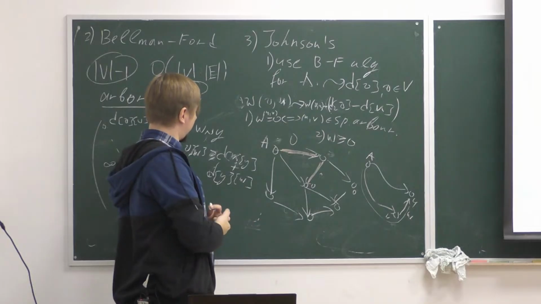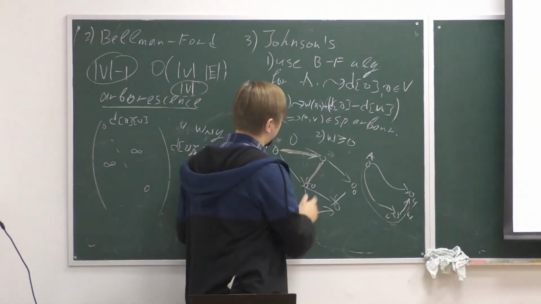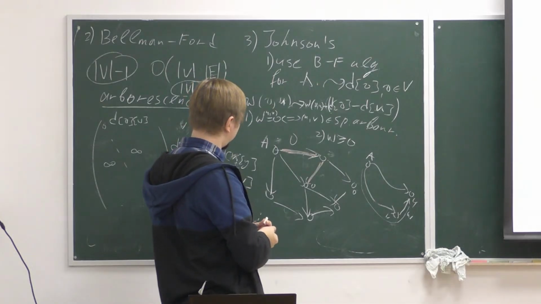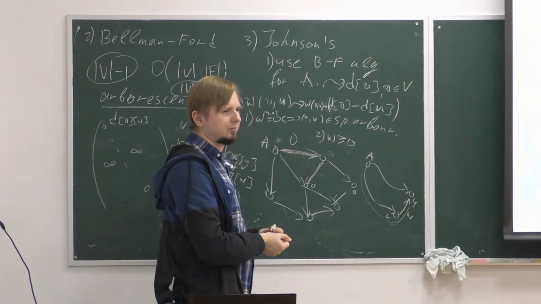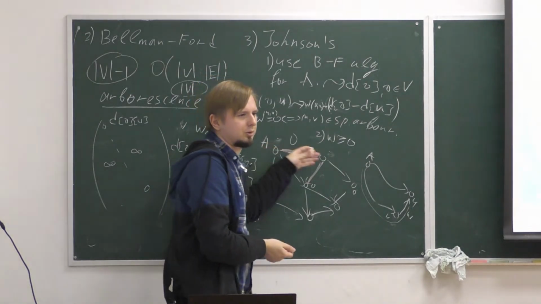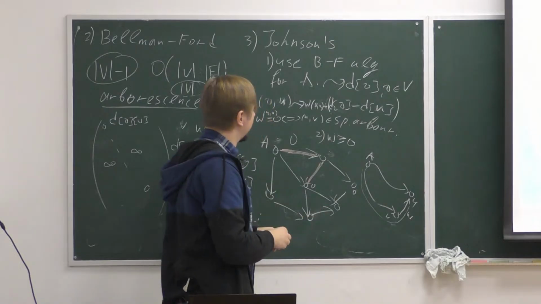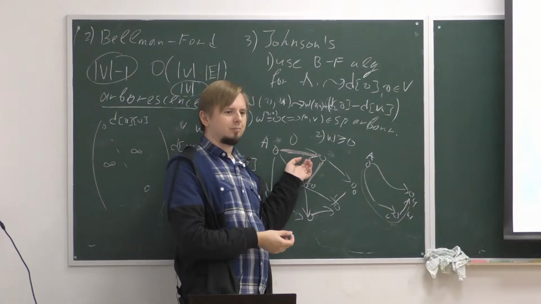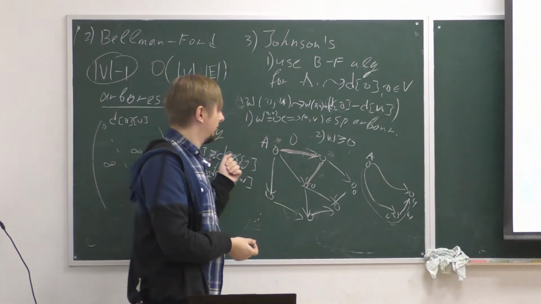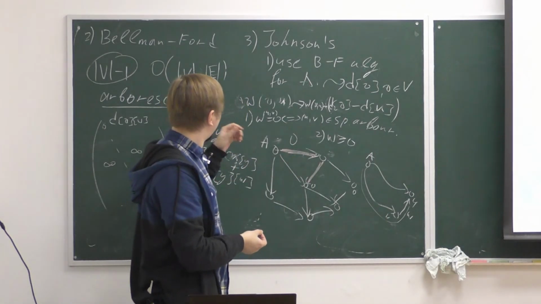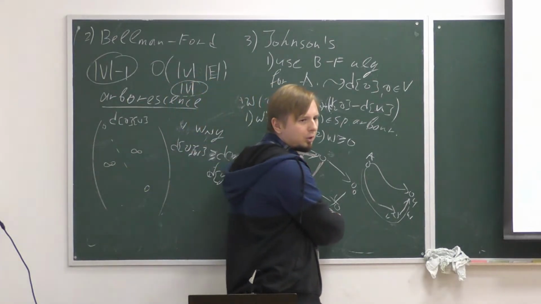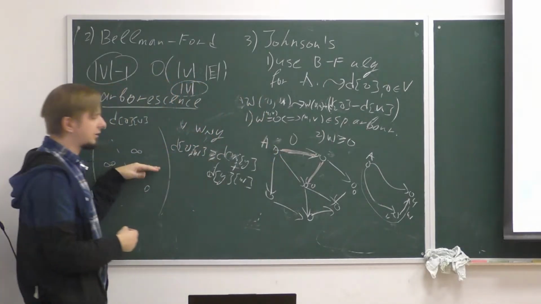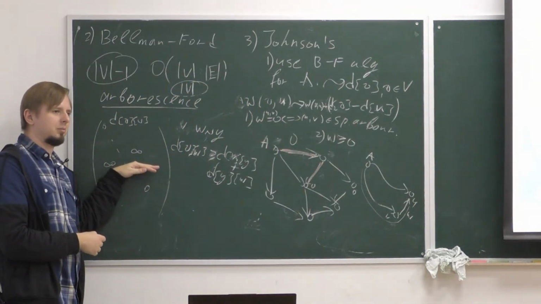I said that Dijkstra algorithm works with positive weights, but it also works with non-negative weights. With 0 weights it also works. So you can use Dijkstra algorithm here. And this is Johnson algorithm. For any pair of vertices, you use Dijkstra algorithm to find the shortest path.